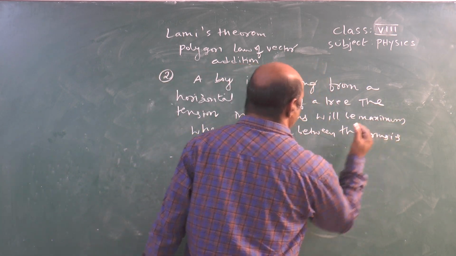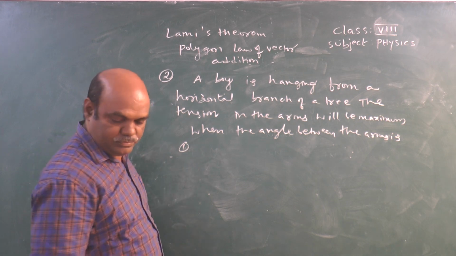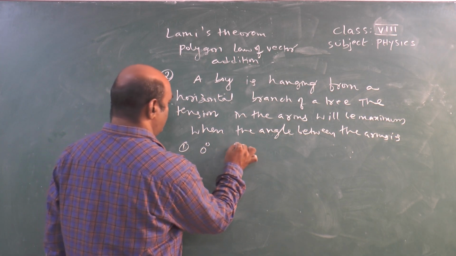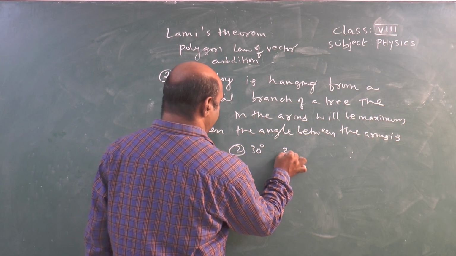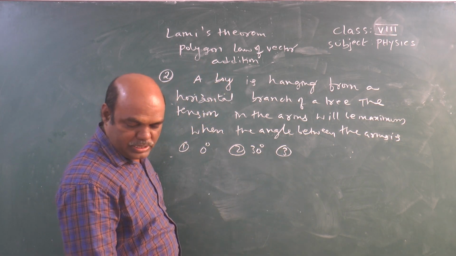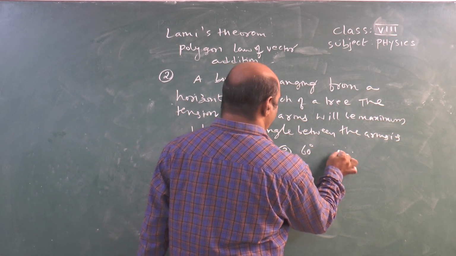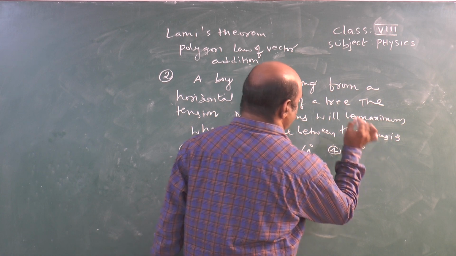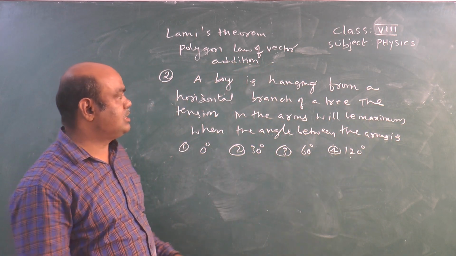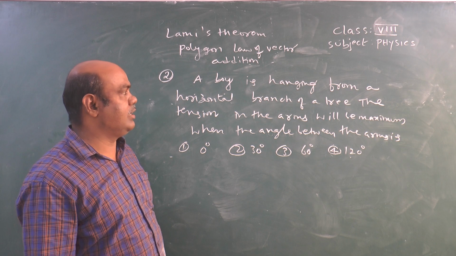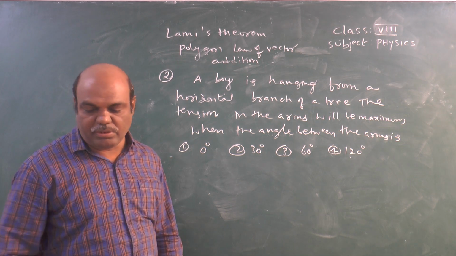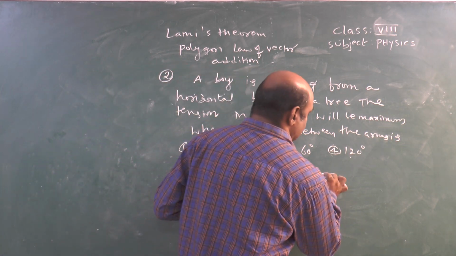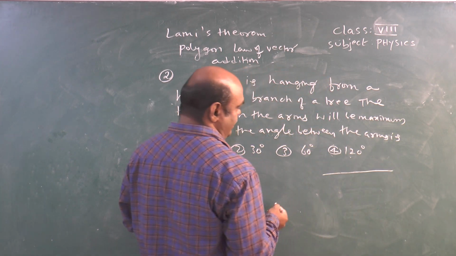So here first option is 0 degree, second option is 30 degree, third option is 60 degree, fourth option is 120 degree. So in this problem, a boy is hanging from a horizontal branch of a tree. So see here, this is a horizontal branch of a tree.